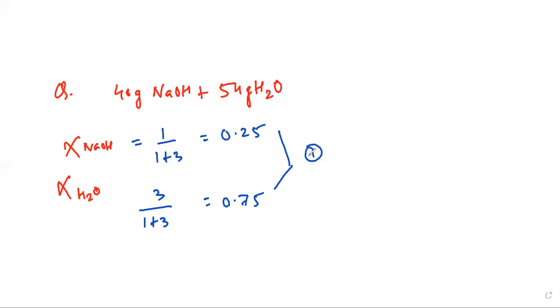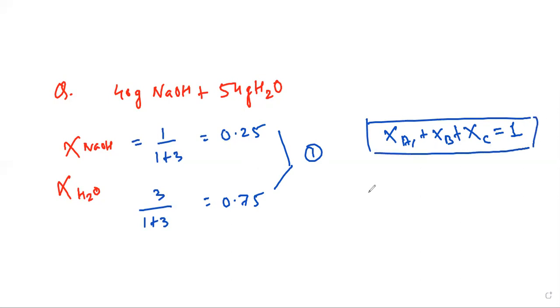Suppose zeta A plus zeta B plus zeta C will be equal to 1. Zeta H2O is equal to 1 minus zeta NaOH. So calculate one, the other is not needed; there are only two components, so you can simply subtract one of them, any one of them. Okay?